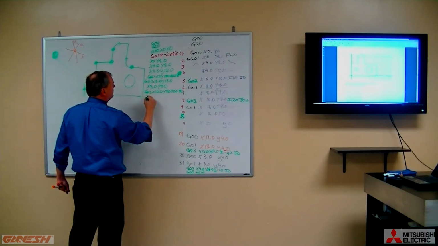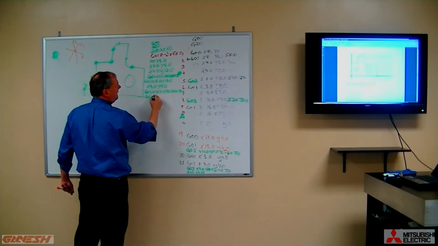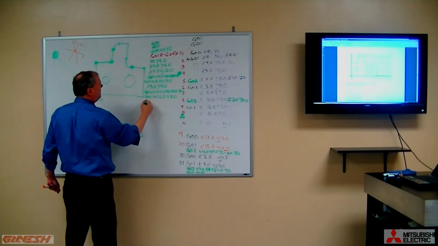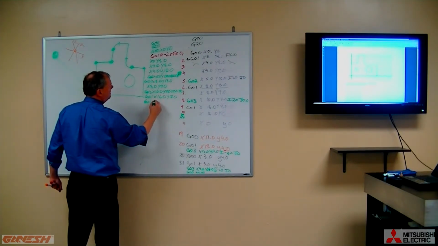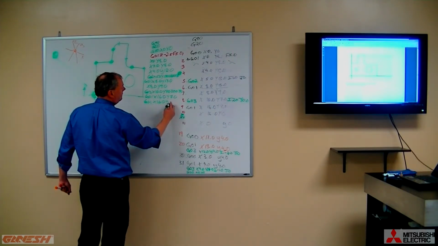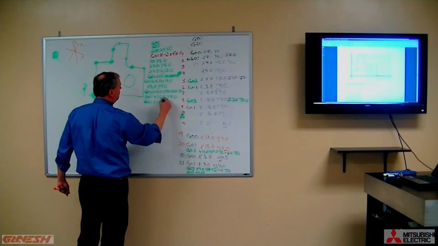So now we do a G01, back to x 16.0, y 7.0. Now we're here, and now we do G01, x 16.0, y 0. All right, so now we're here.